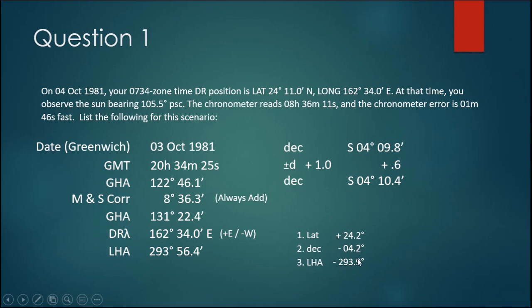Once you get these 3 pieces of information, you'll be ready for the next step in solving an azimuth of the sun problem. So download the worksheet, download the Nautical Almanac and the Increments and Corrections, work through these next 10 problems and get these 10 tidbits of information, narrow it down to the 1, 2, and 3, latitude, declination, and local hour angle. And then in the next lesson, we will start solving azimuth problems.